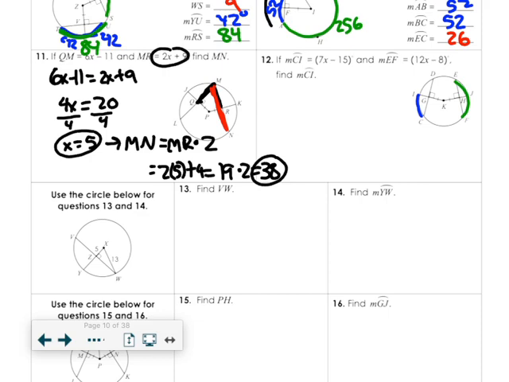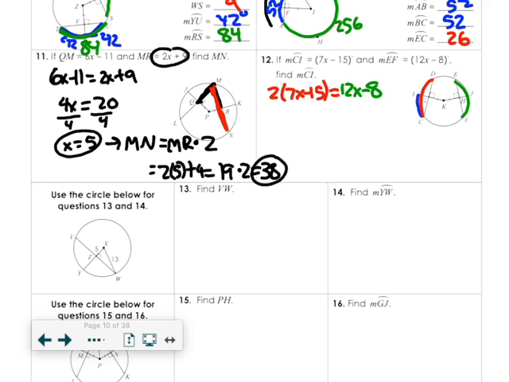I need to get the measure of the blue arc eventually. What I know is that this arc will equal the green arc, and the red arc is just 2 times CI. So 2 times 7x minus 15. If I double that one, that's going to be equal to the green one, which is 12x minus 8. So I have to double that one, the blue one, to get the red one.